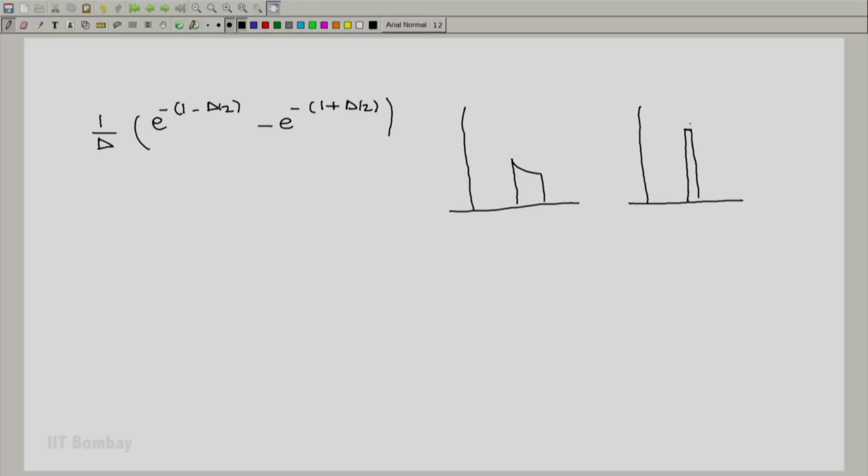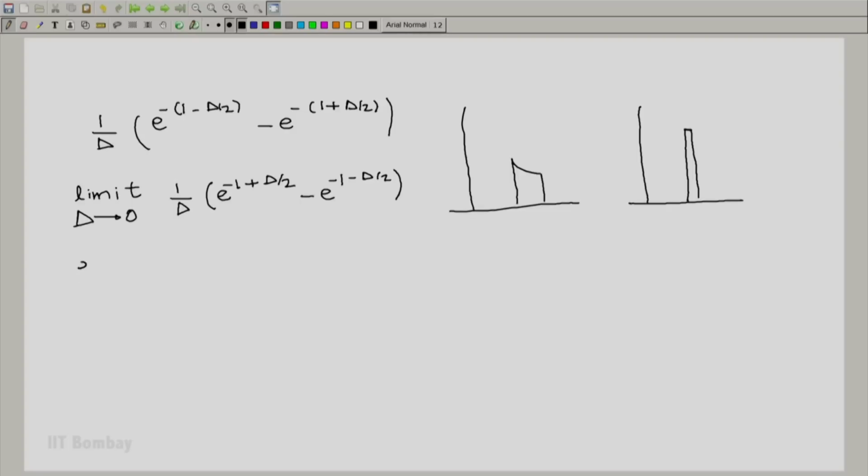So we can see that the y component of this pulse is almost constant, and if we put that in the equation we have, that is take the limit delta tending to 0, we will find the area of this function. So let's do that. And we can take e raised to minus 1 common from both of these, and it will also come out of the limit because it is not dependent on capital delta.